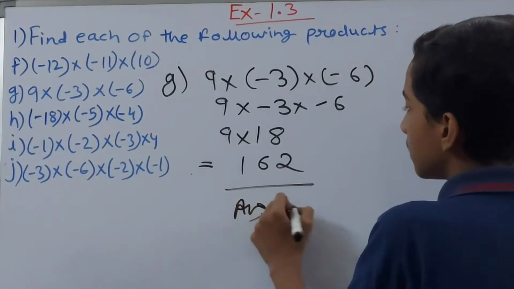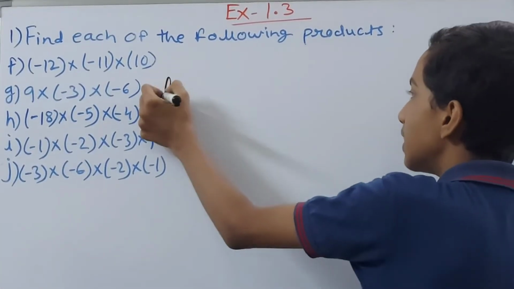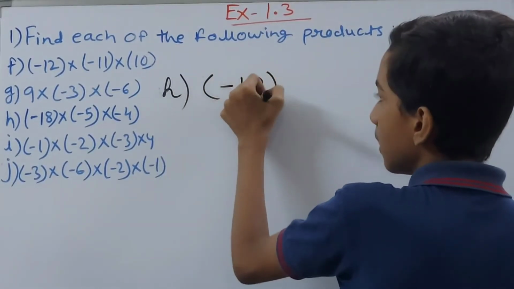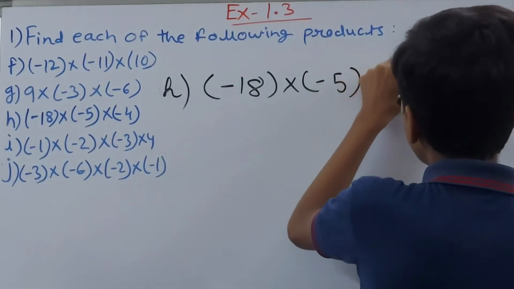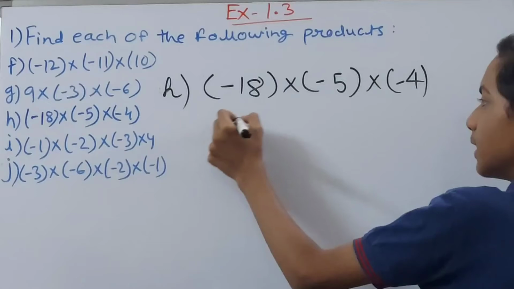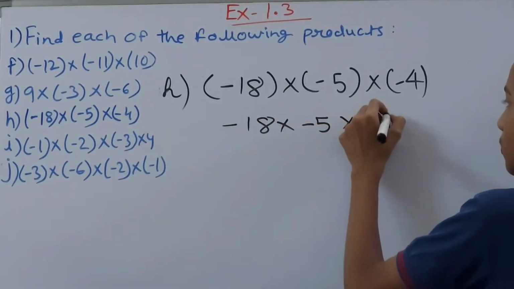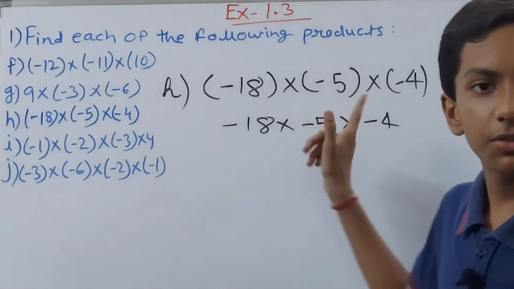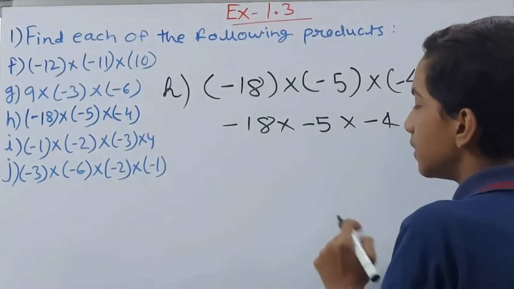Alright, let us move on to the next part. Now the next part is the H part, and it is minus 18 into minus 5 into minus 4. This we solve again, so minus 18 into minus 5 and into minus 4. So let us first of all solve these two.